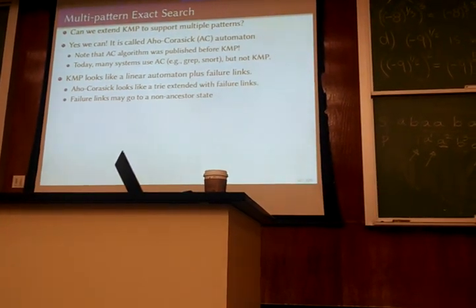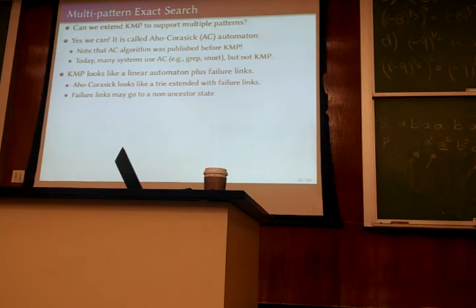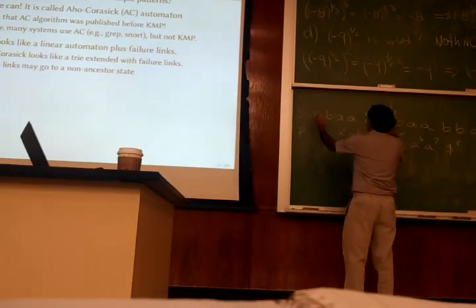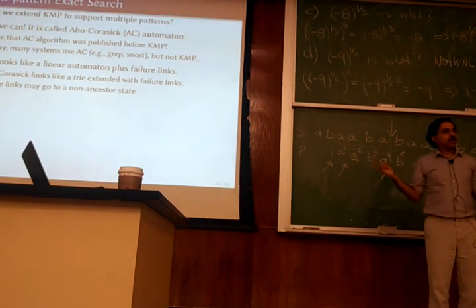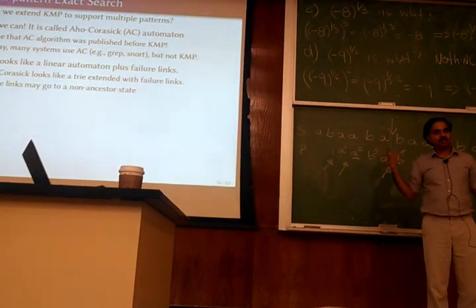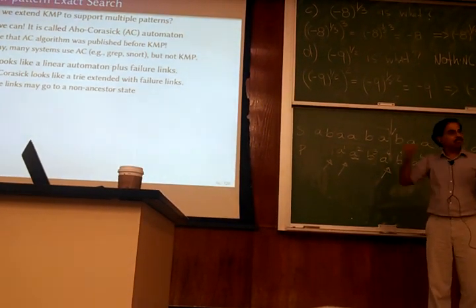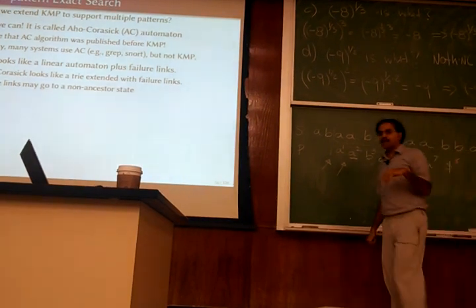Why do failure links come in? If I know exactly where to start, say I want a match from the beginning of the subject and that's it, then I will never need to slide and go back and do all those failure link steps. I just need to do a sequential match.